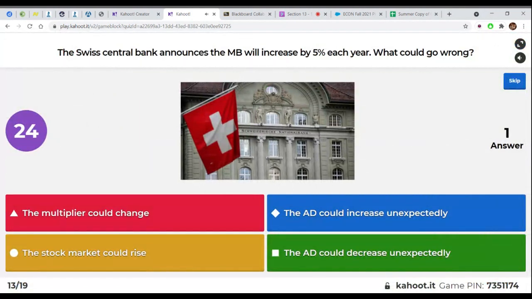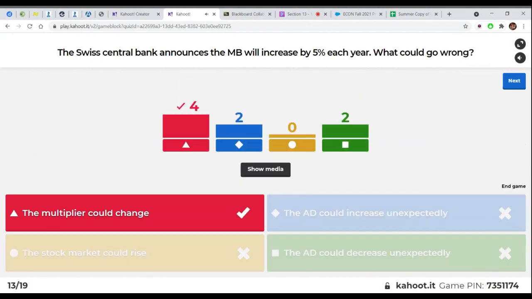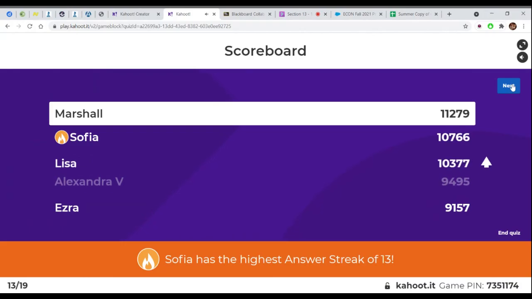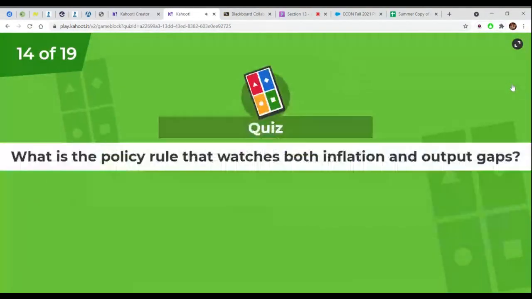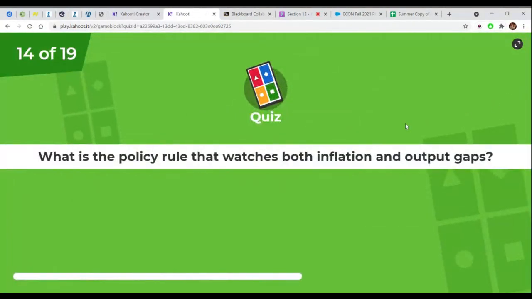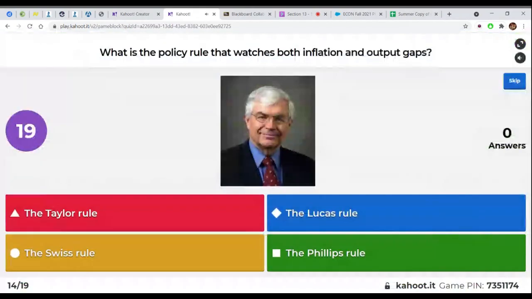Even if you're a monetarist. The multiplier might change. That's right. Which is what happened.